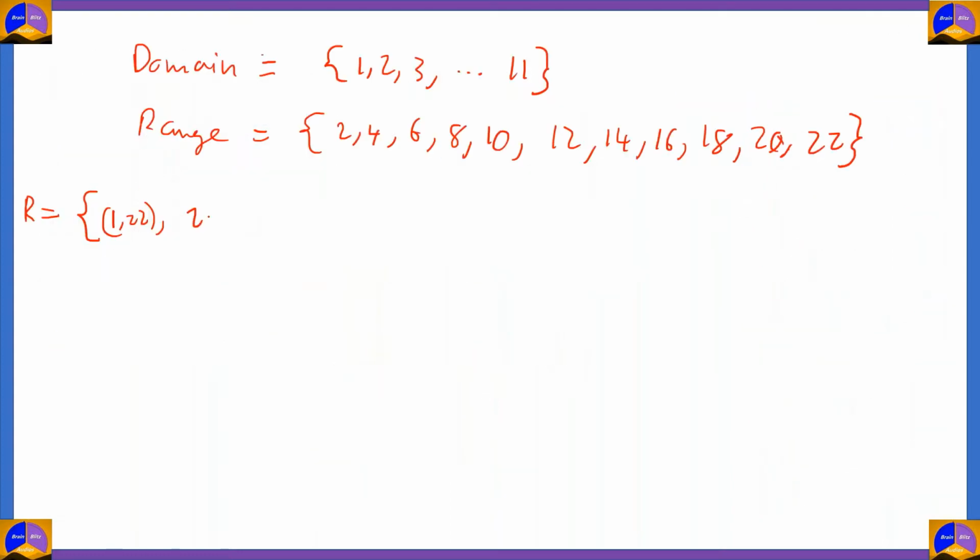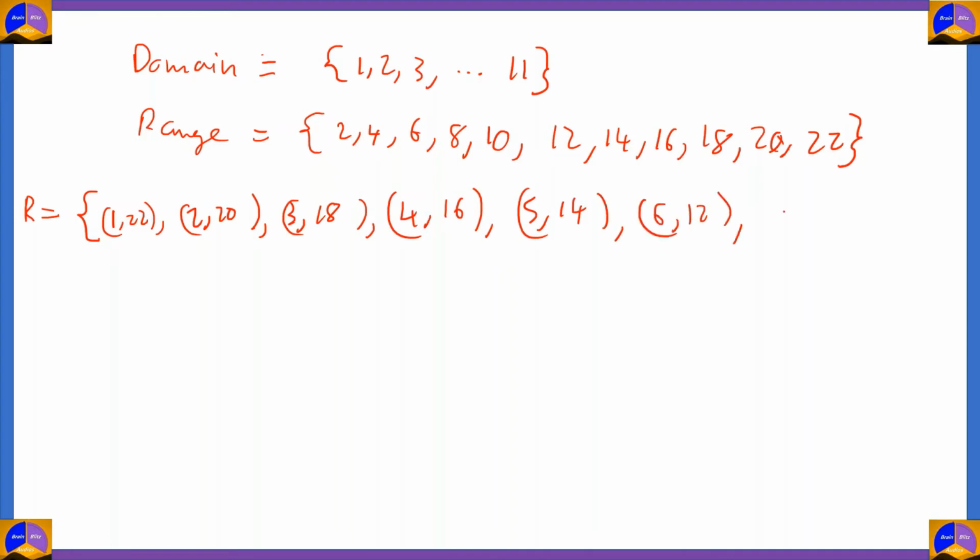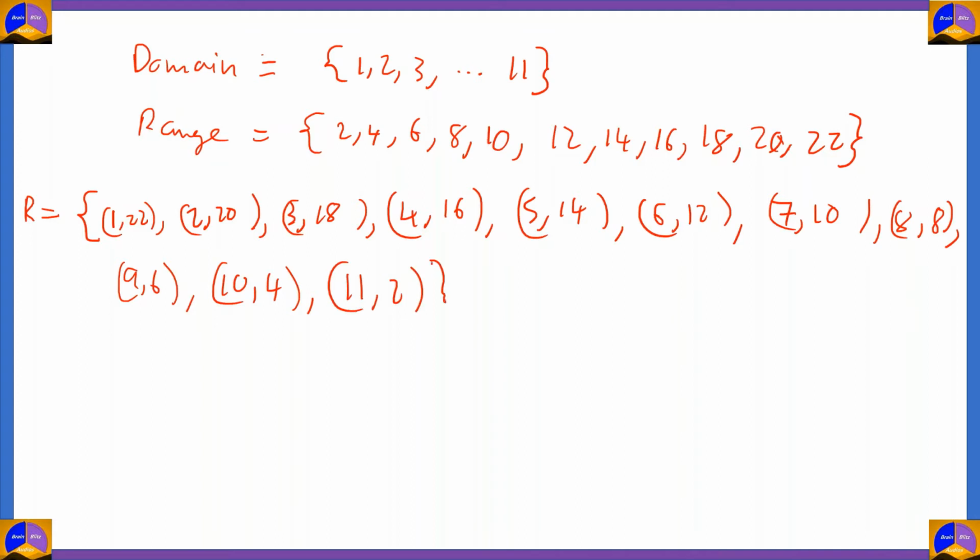So 1 comma 22, 2 comma 20, 3 comma 18, 4 comma 16, 5 comma 14, 6 comma 12, 7 comma 10, 8 comma 8, 9 comma 6, 10 comma 4, and 11 comma 2. That is our relation R. We found the domain and the range.